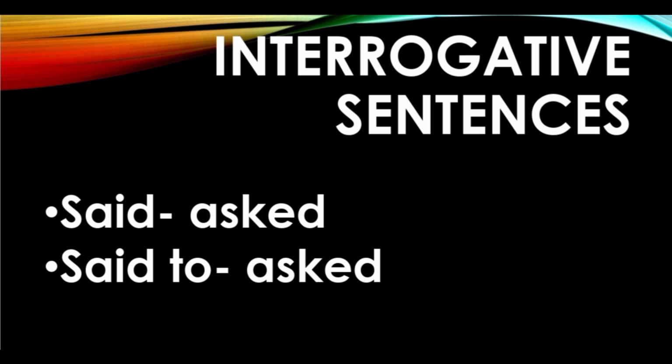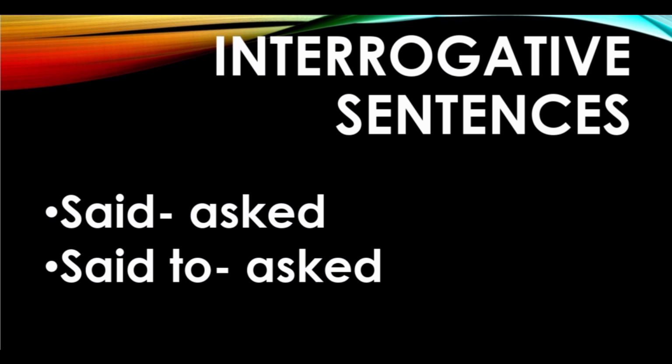Interrogative sentences are classified into two types. Yes or no questions and WH questions. The WH questions are the sentences which start with WH words. For example, who, when, where, how, which, what. Such words will come at the beginning of the sentences.